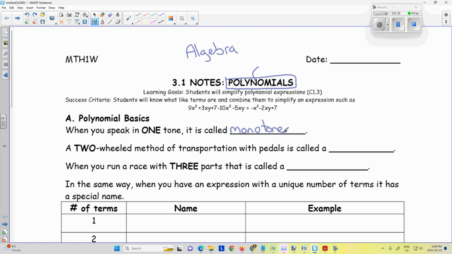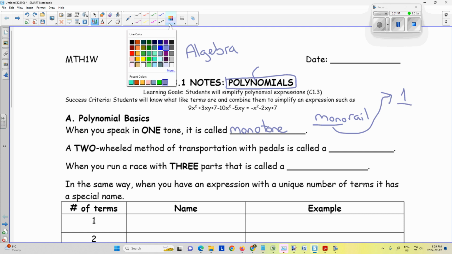If you have been on some railroads in other places, we don't have too many here in Canada, but some of them have monorails. If you've ever been to Disney or some of these parks, they have trains and they just have one rail. That would be a monorail. So mono means one. So mono equals one.